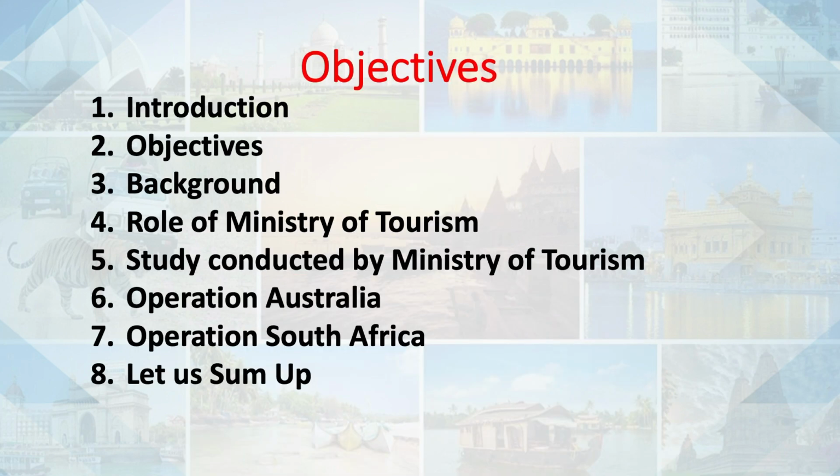The structure for today's discussion will be: initially the objective, then introduction, background, and we will also discuss the role of the Ministry of Tourism and certain studies conducted by the Ministry of Tourism. Then we will discuss Operation Australia and Operation South Africa, followed by a sum up.